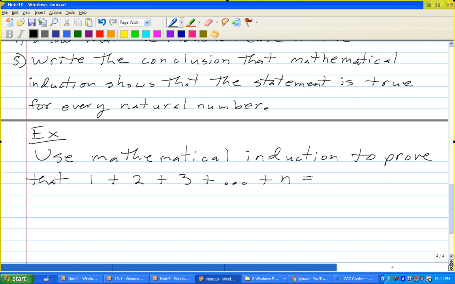Show that this is equal to n times n plus 1 over 2. Okay, so let's do this.